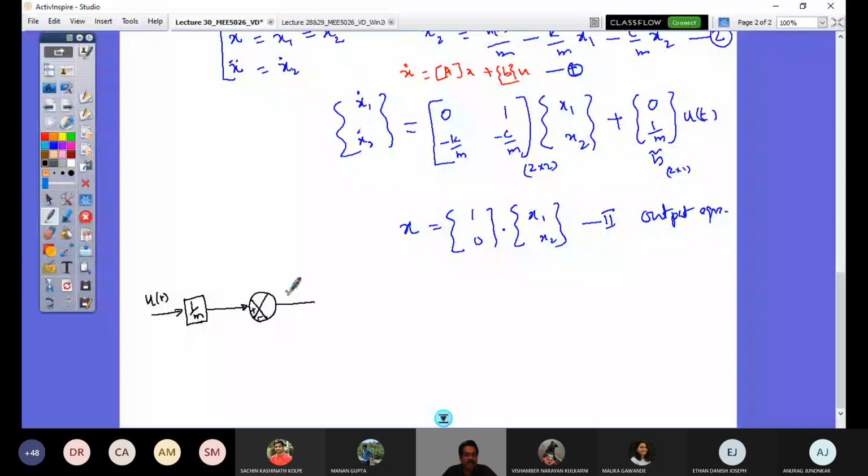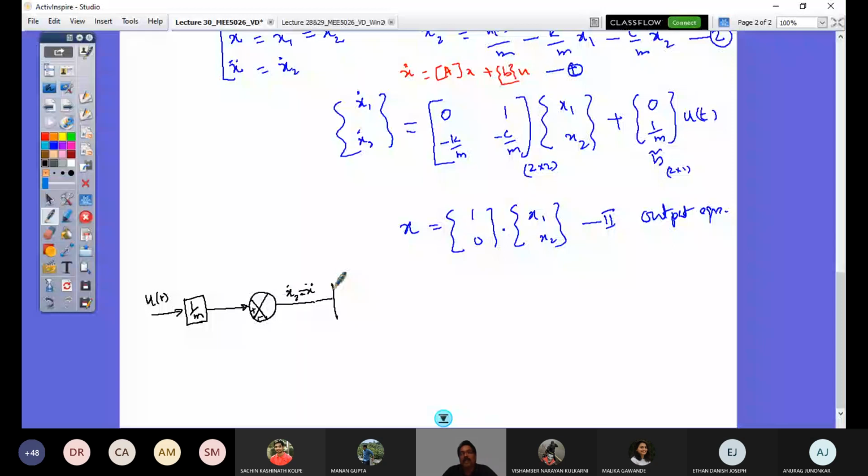So x double dot is x2 dot, and that has to be integrated because I want to get my x. So x double dot is first integrated to get x dot.